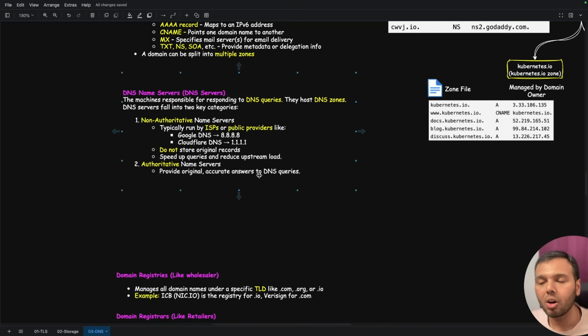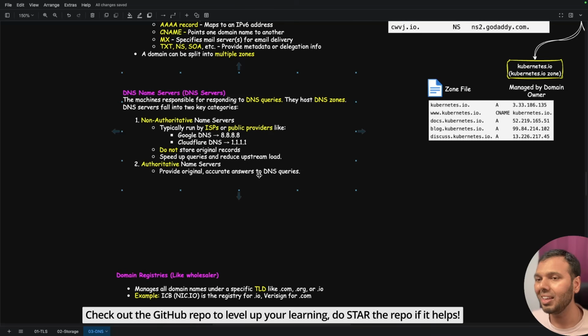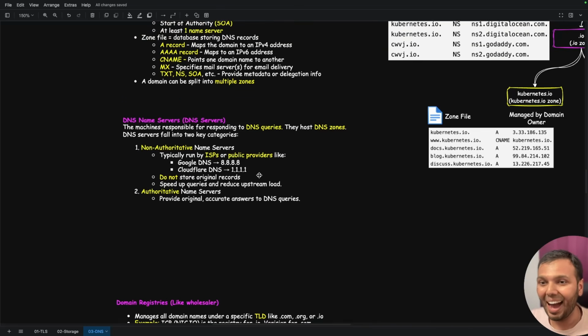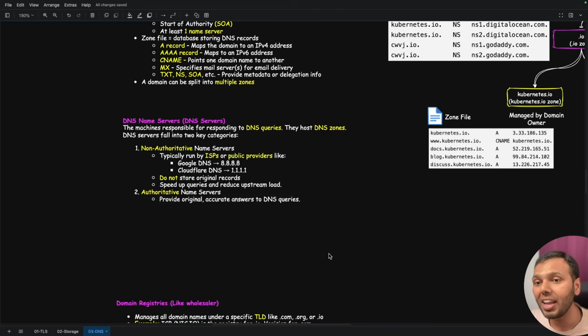Now, what are authoritative name servers? Authoritative name servers are the ones that are hosting the zone file for that website. So if I am accessing kubernetes.io, who will be the authoritative name servers for kubernetes.io? They will be the name servers that are hosting the zone file for kubernetes.io. On the right here is a small diagram that shows the zone file for kubernetes.io.